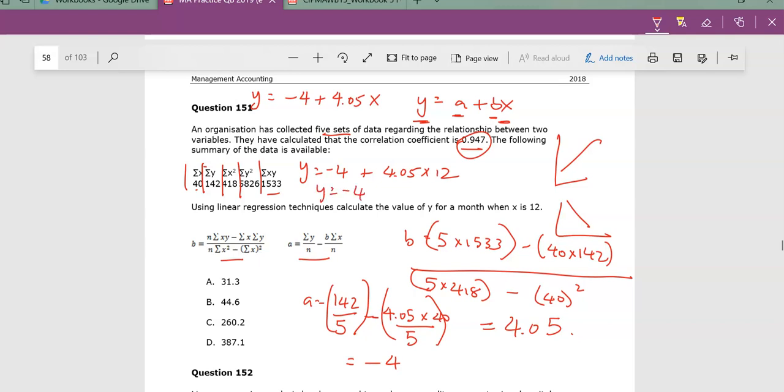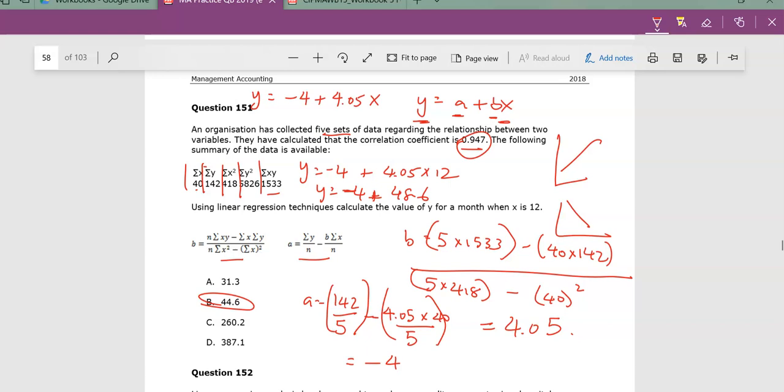And y is equal to -4 plus 12 times 4.05. 12 times 4.05 is 48.6. And -4 plus 48.6 gives you 44.6.